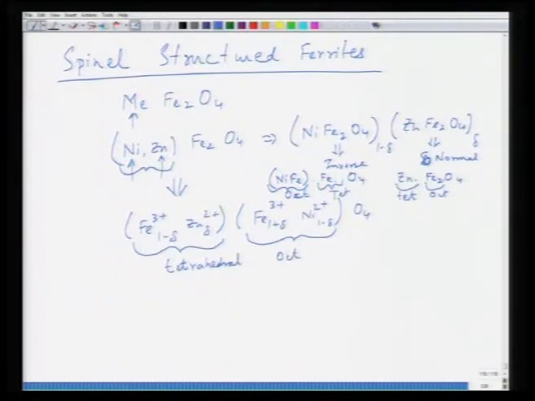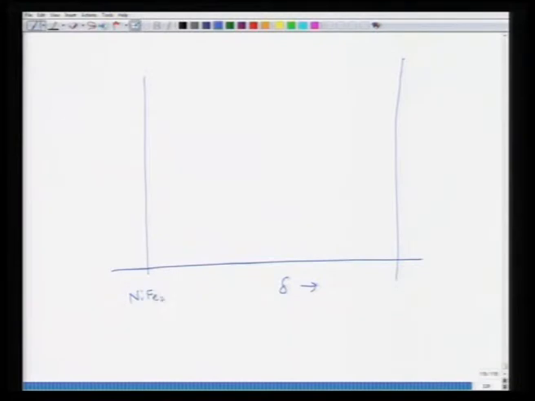Now, when you plot this magnetic moment versus delta, let us say this end is nickel ferrite and this end is zinc ferrite, and delta is the level of doping or mixing, then what you see is, so this is mu at 0 K, it goes through a maxima, and this maxima occurs at roughly 0.4.